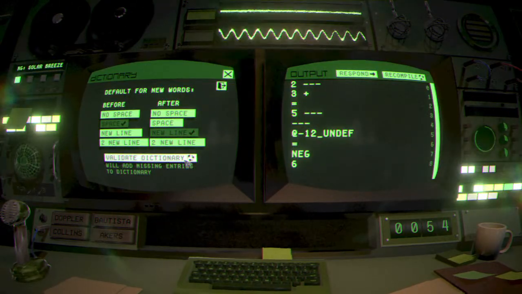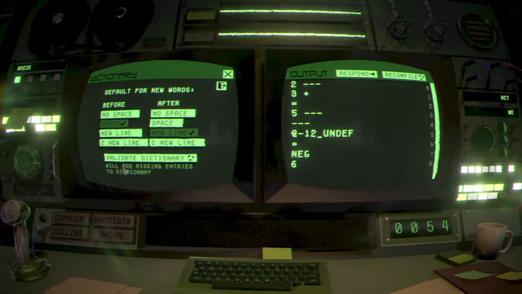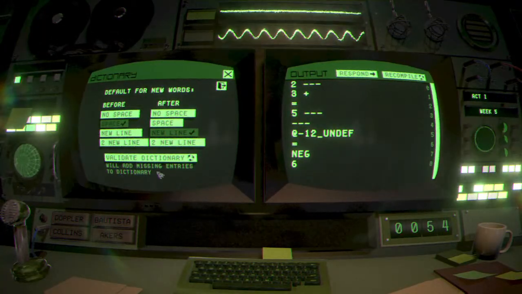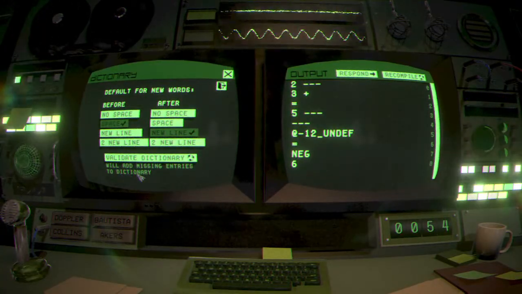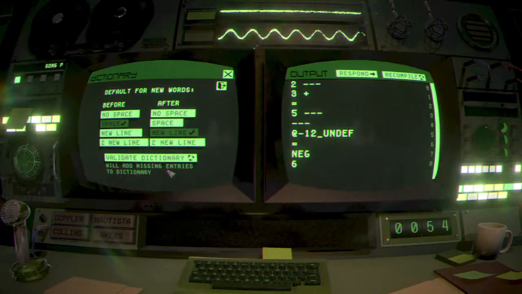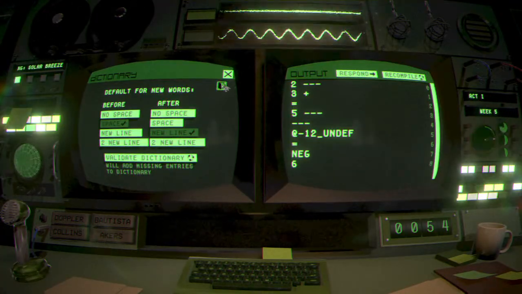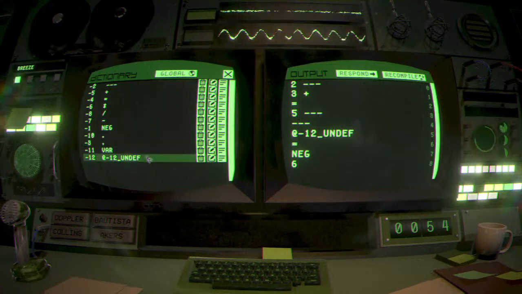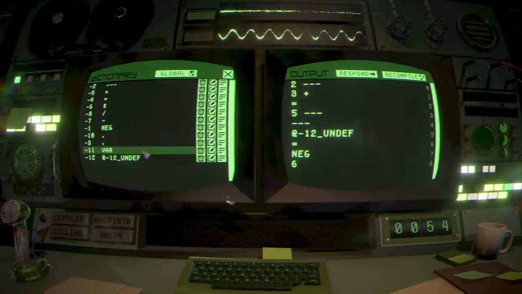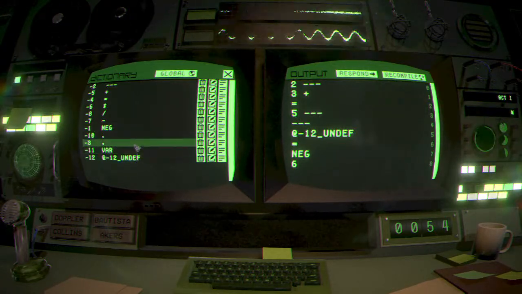I'm afraid to press this validate button. This description at the bottom will add missing entries to dictionary. Like, what does missing entries mean? I'll just press it. I don't know.